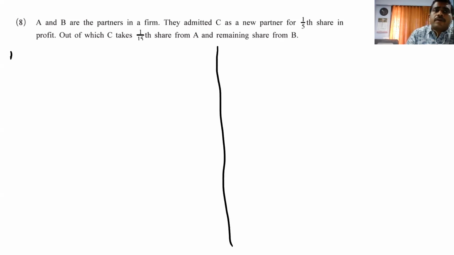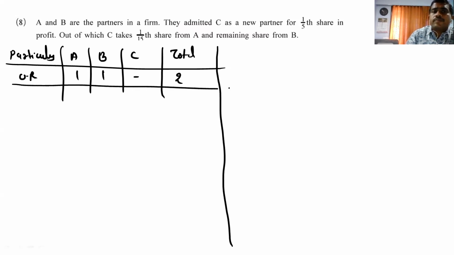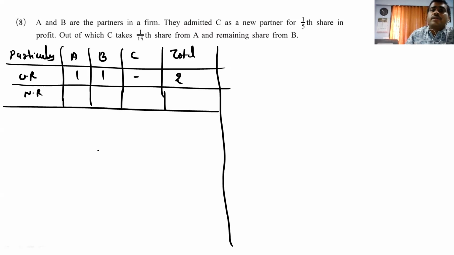Start karo. Particulars: A, B and C. Total. What we have to write? Old ratio 1 is to 1, total 2. New ratio right now we don't know. They admitted C as a new partner for 1/5 share.